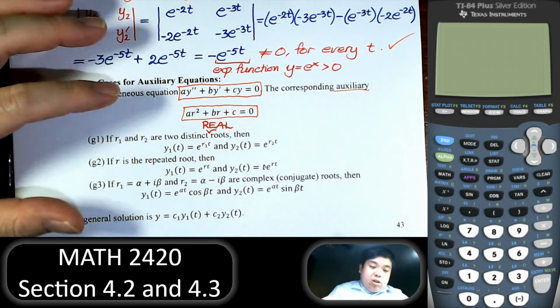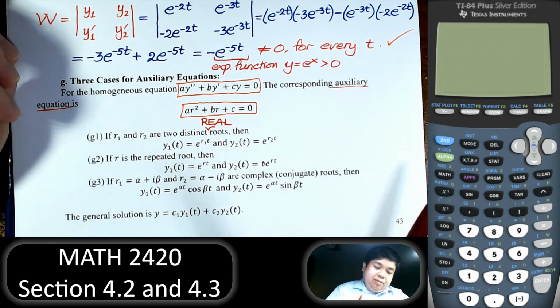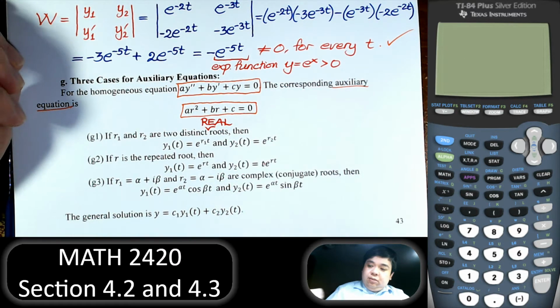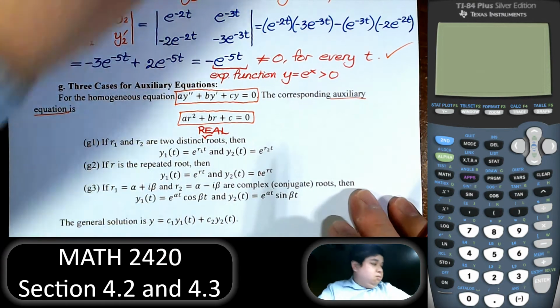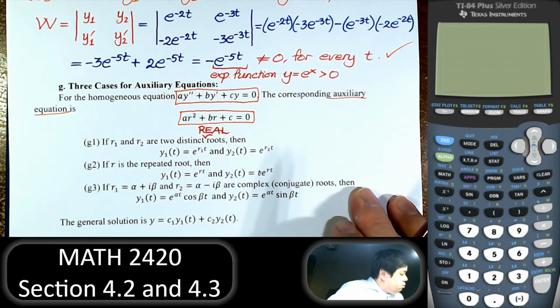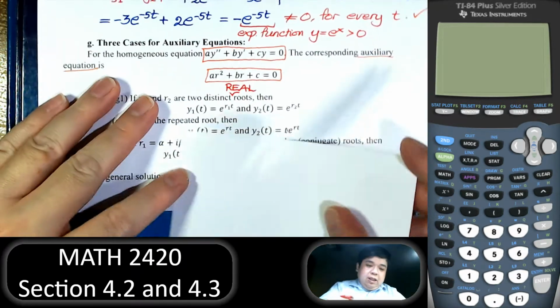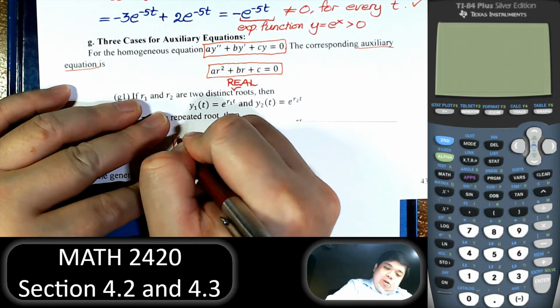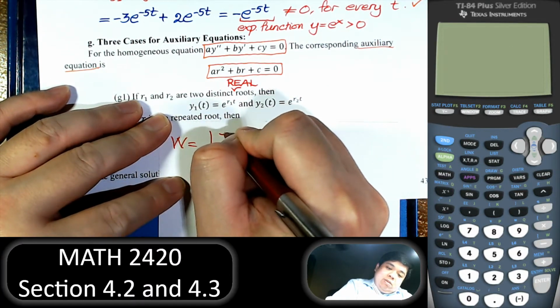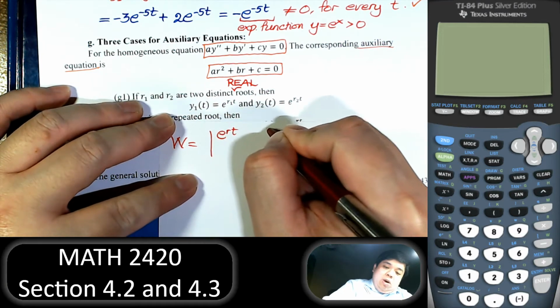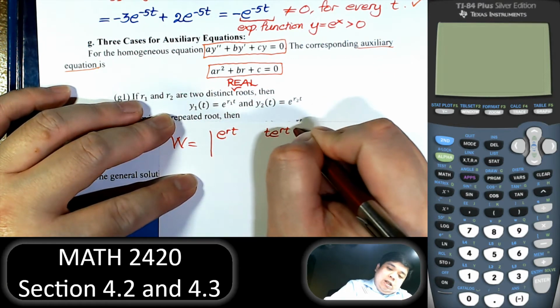Because we can show that they are linearly independent. In fact, I'm going to do this quickly. So we have the Wronskian. One of them is e to the rt, the other one is t e to the rt.